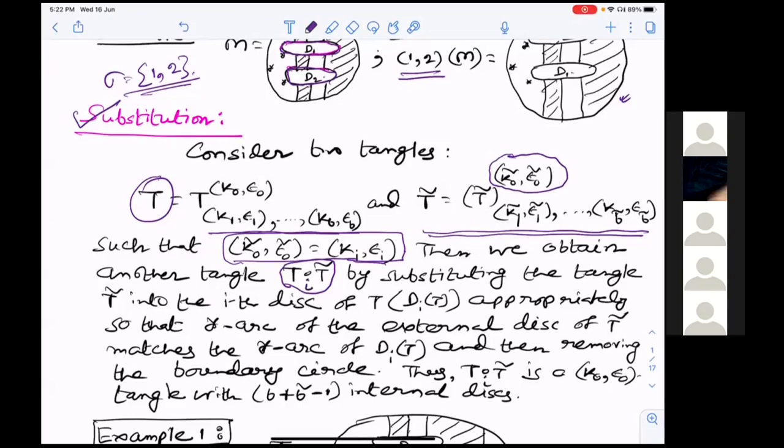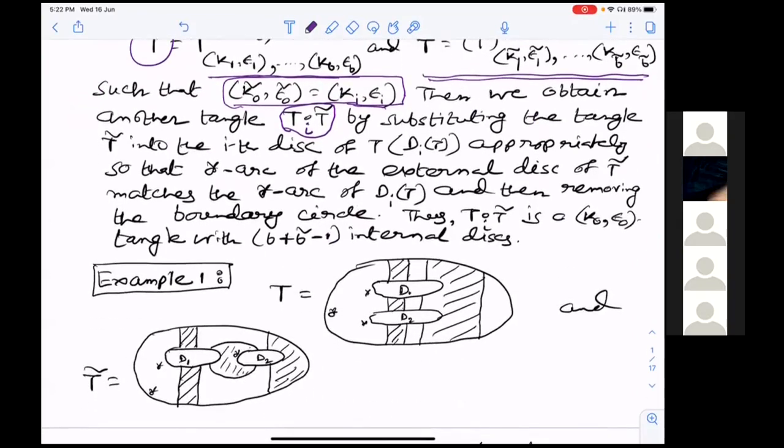It is better to understand this through an example. This is my T. Its external disk color is 4+. The internal color of D1 is 3+, and D2 is also 3+.